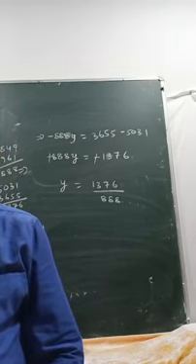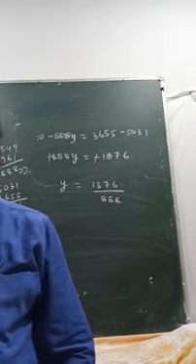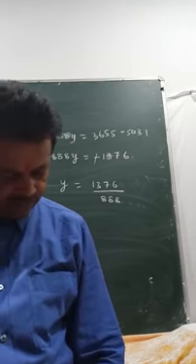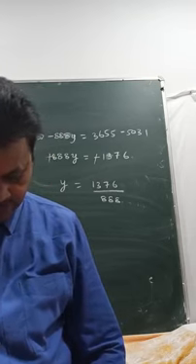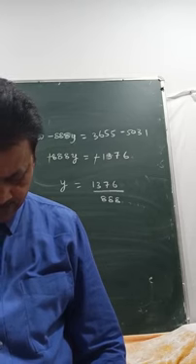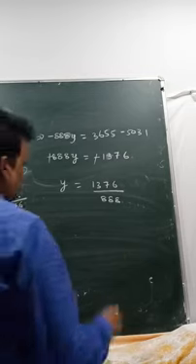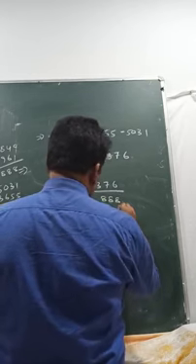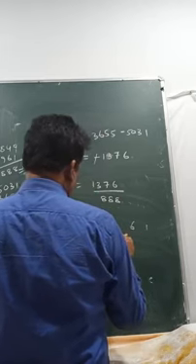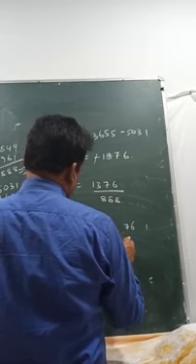If you simplify it, 2 8s are 16, 2 8s are 16, 17.